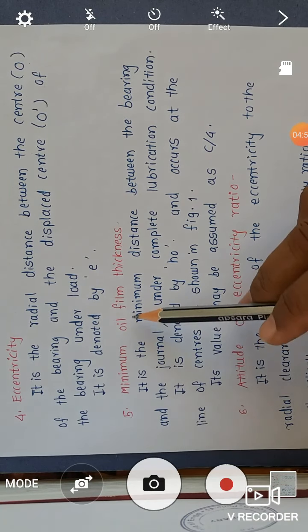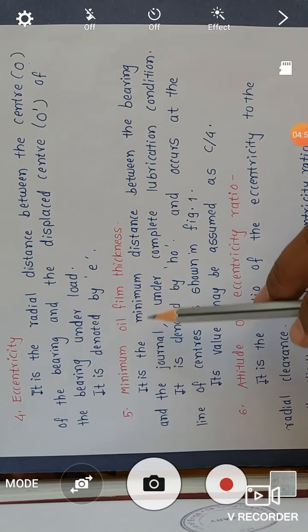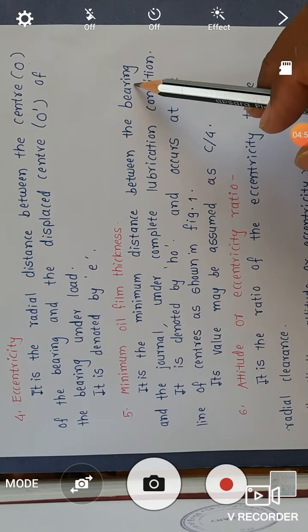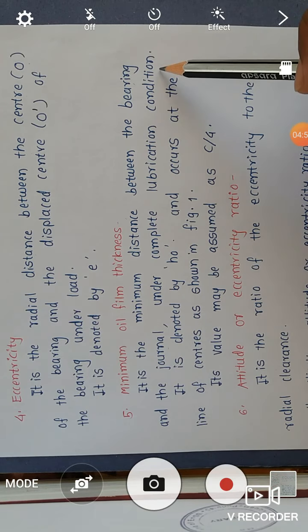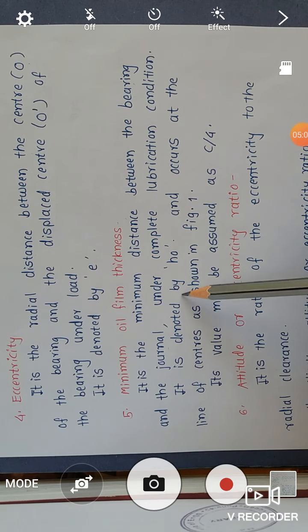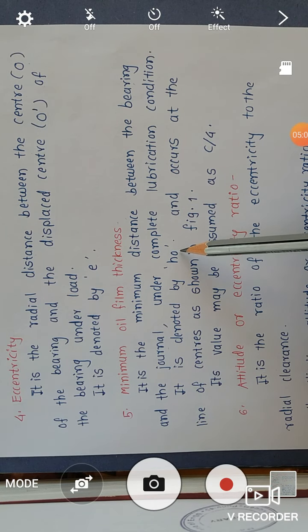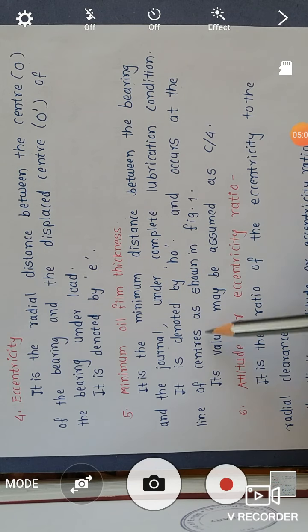Next term is minimum oil film thickness. It is the minimum distance between the bearing and the journal under complete lubrication condition. It is denoted by h0 and occurs at the line of centers as shown in figure number 1.